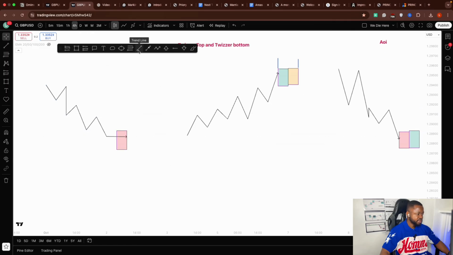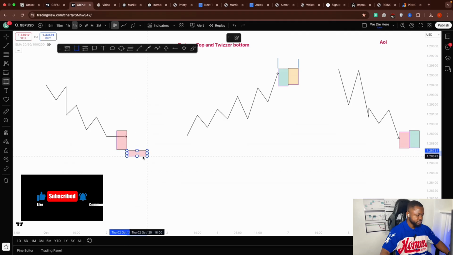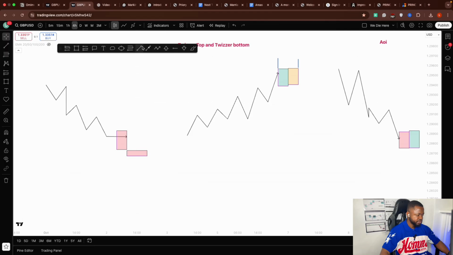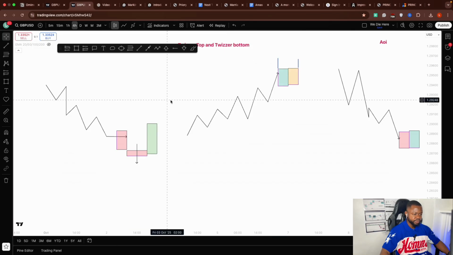So we have that. We have, let's get the doji. A little bit of this. We have this, and then we have this. Spread green. We're getting deep now, so pay attention.